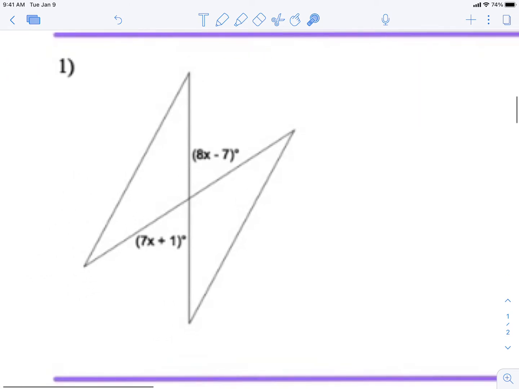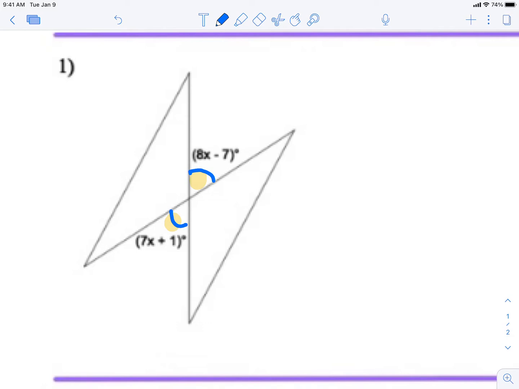First, we notice that I have an angle here and an angle here represented by 7x plus 1 and 8x minus 7. Let me be a little more specific: that angle and that angle there.